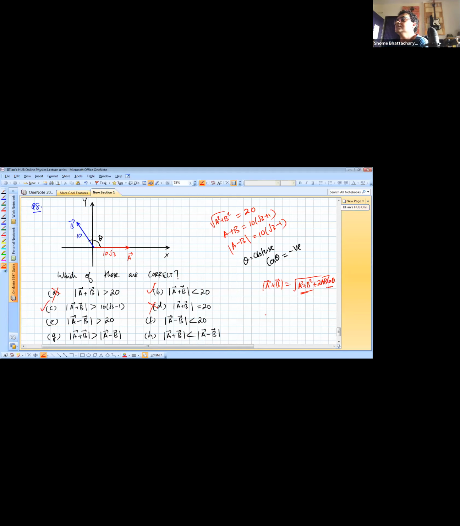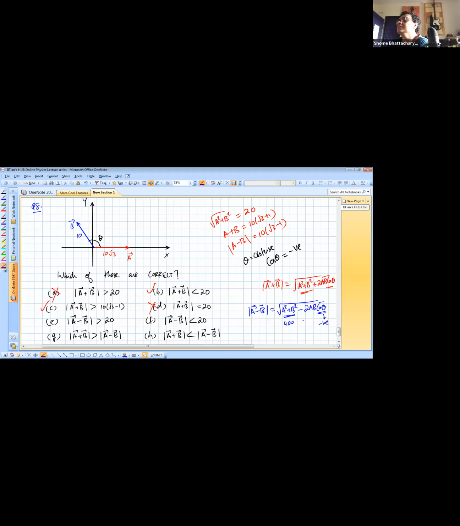Now at the same time, let's also think of mod a minus b and relate that. The next set of options is about that. So mod a minus b is the square root of a square plus b square minus 2ab cos theta. Now keep in mind that this quantity is 400 and this cos theta is now negative.